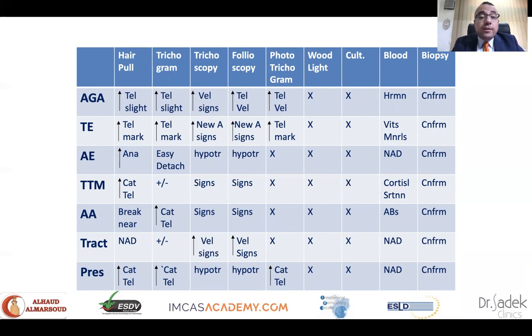And you can find androgenetic alopecia, telogen effluvium, anagen effluvium, trichotillomania, alopecia areata, traction alopecia, and pressure alopecia, and the different findings in the hair pull test, the trichogram, the trichoscopy, the polioscopy, the phototrichogram, the Wood's light, and if needed, culture, blood tests, and biopsy.